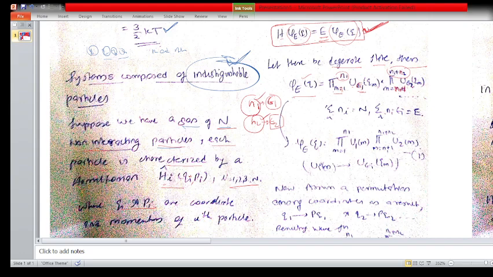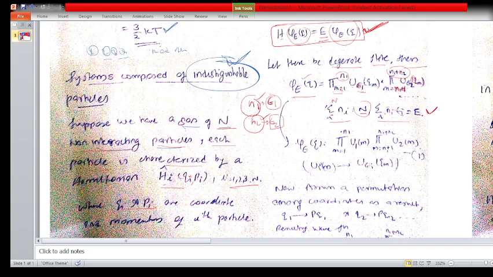Up to that we have u e2 of qm. So we have to represent it like this for the degenerate case, where the sum of ni equals the total number of particles, sum over i equal to 1 to ni. And if you consider the sum over i of ni ei, that will give you the total energy.